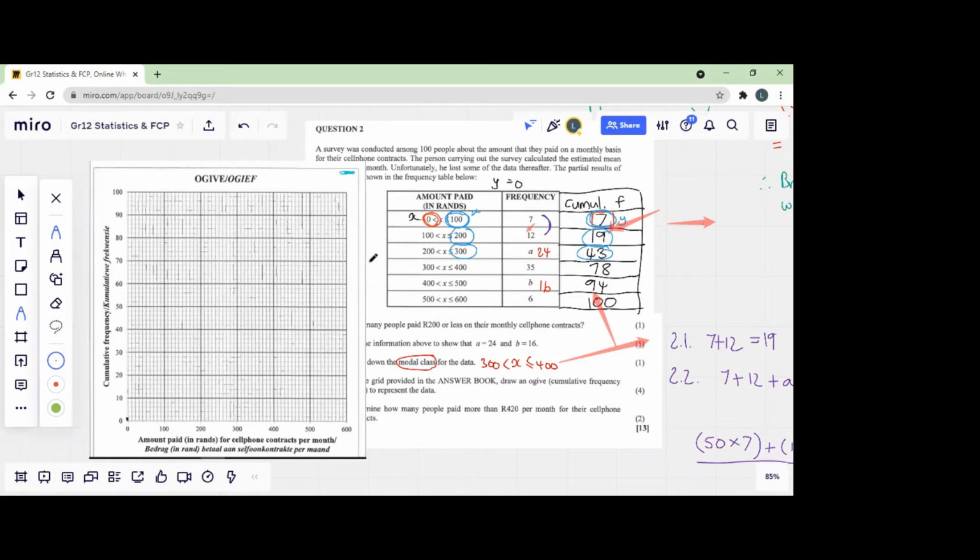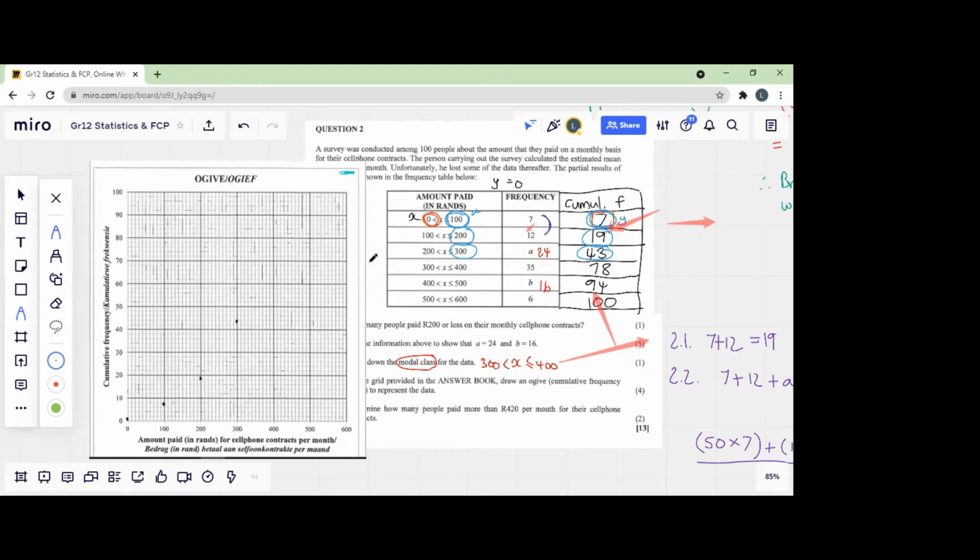So 7 would be 2, 4, 6, 8. So 7 is going to be somewhere over there. Then I'm going to plot along to 200 against 19. So that will be just there. And then I'm going to go along to 300 and I'm going to plot that against 43, which would be somewhere over there.